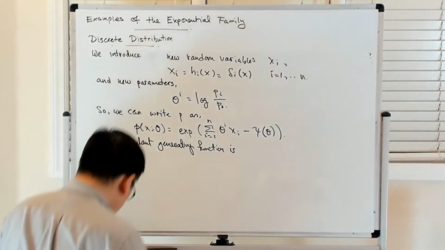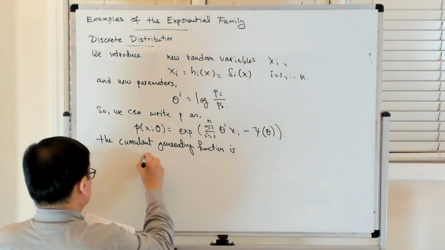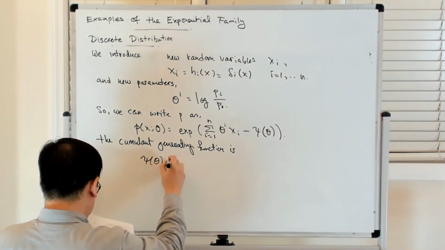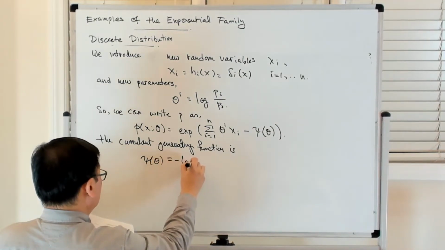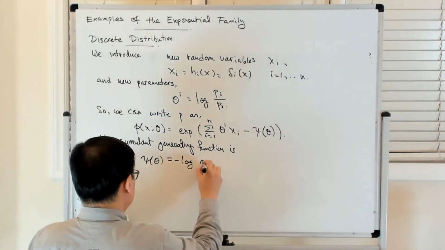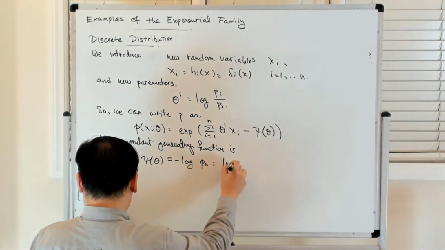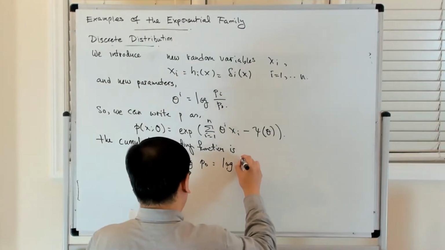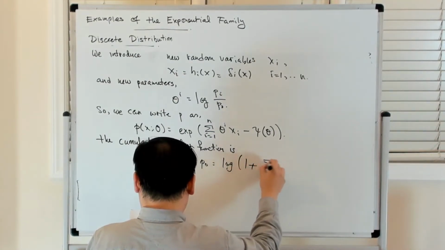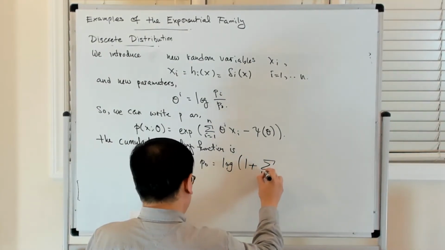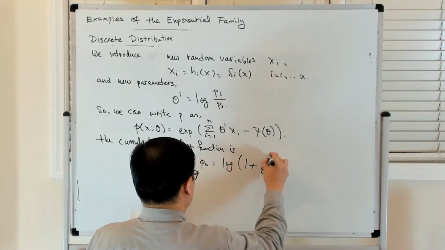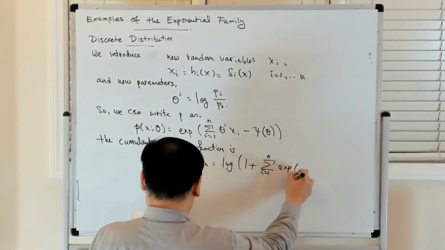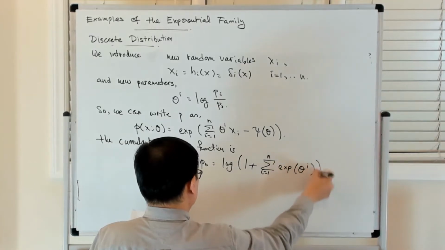Phi is minus log p0, which is log of 1 plus the sum from i equals 1 to n of the exponential of theta i.